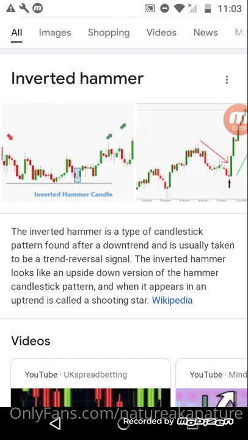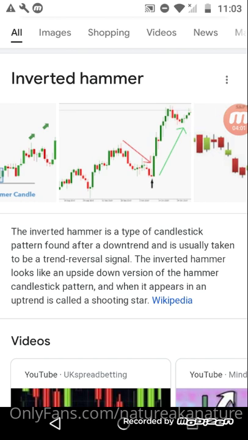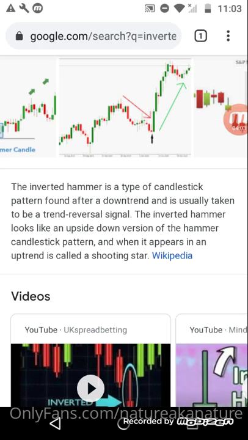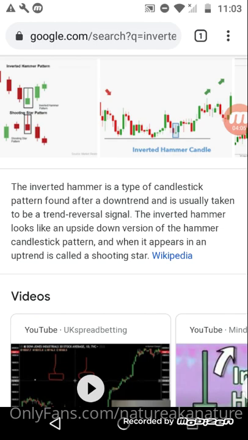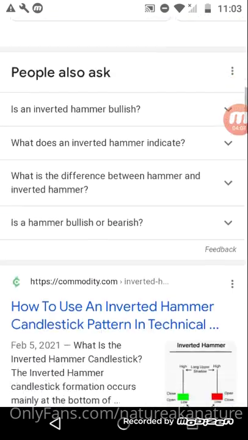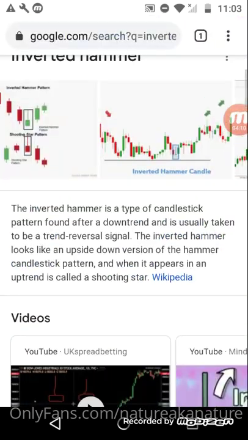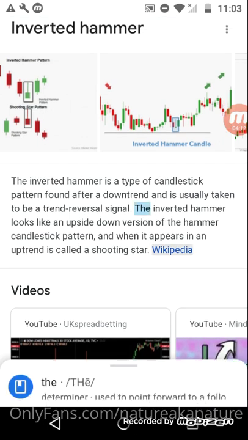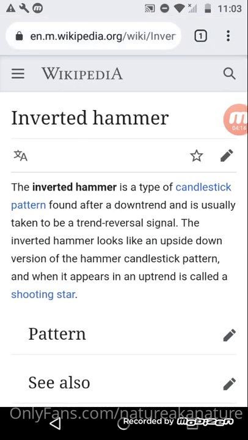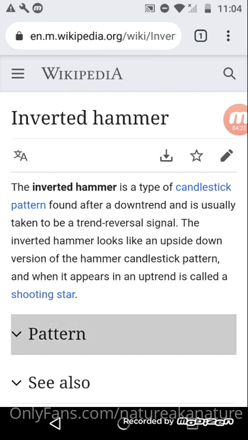Let's click on this right here and read more about it. See what Wikipedia has. An inverted hammer is a type of candlestick pattern found after a downtrend, and is usually taken to be a trend reversal signal. That's what I thought.